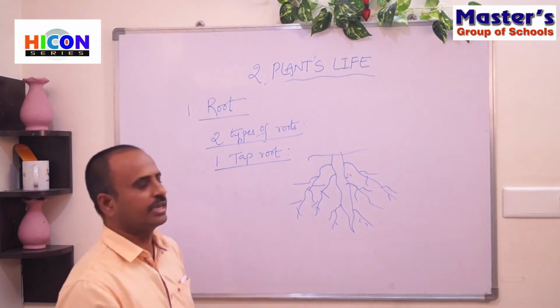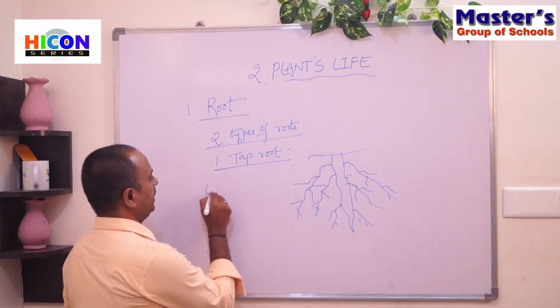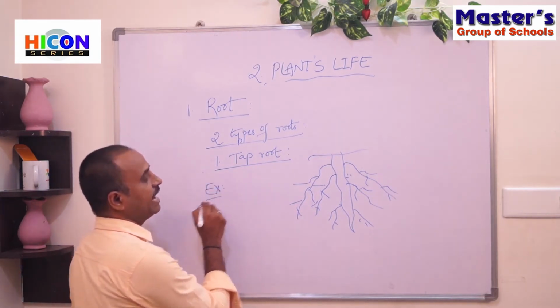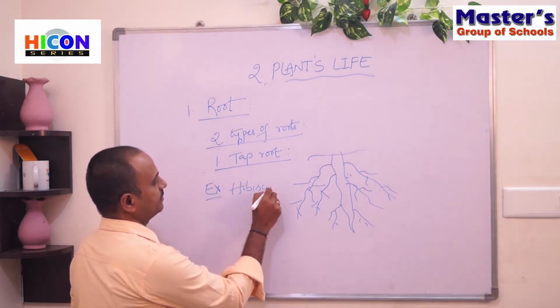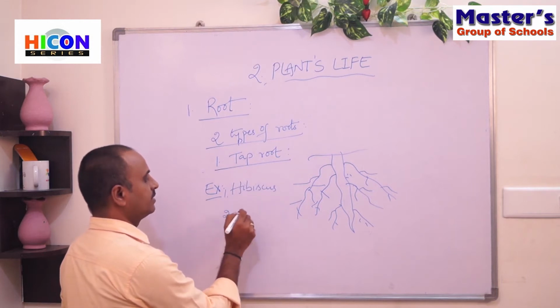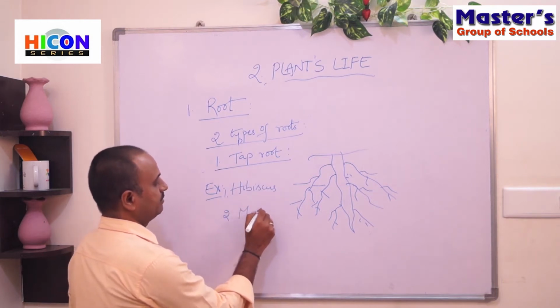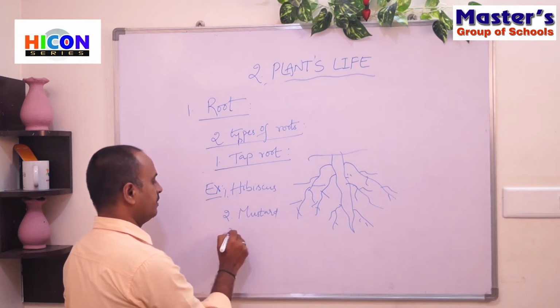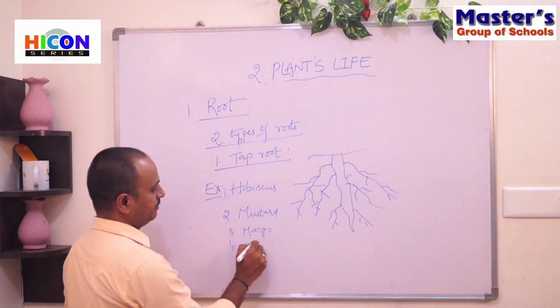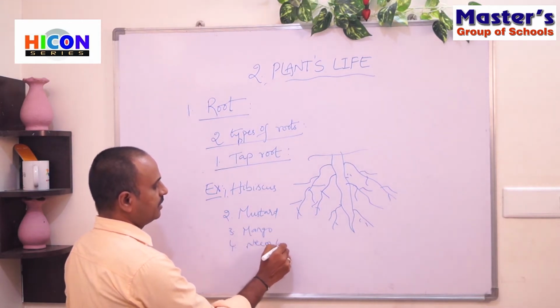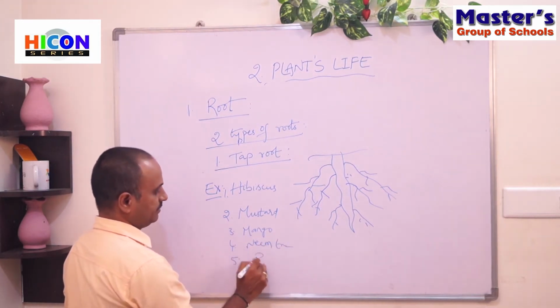So this is about taproot, and some examples of plants having taproot are hibiscus, mustard, mango tree, neem tree, and rose plant.